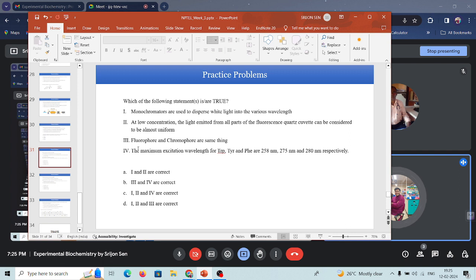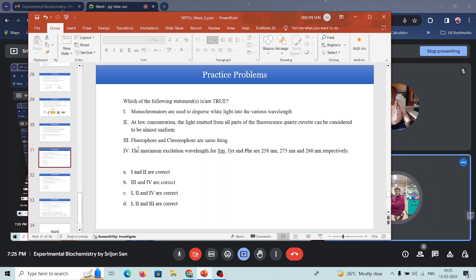The next one: fluorophore and chromophore are the same thing. No, they are not the same thing. Fluorophores are fluorescent chemical compounds that can re-emit light upon light excitation, and a chromophore is an atom or group whose presence is responsible for the color of a compound. So one is responsible for the color of a compound, another is responsible for the fluorescence.